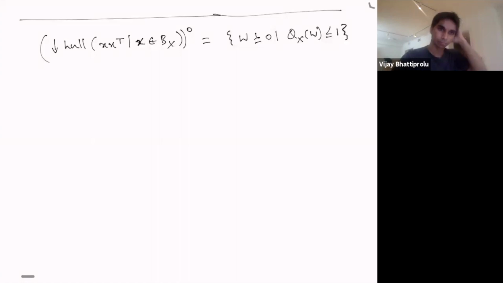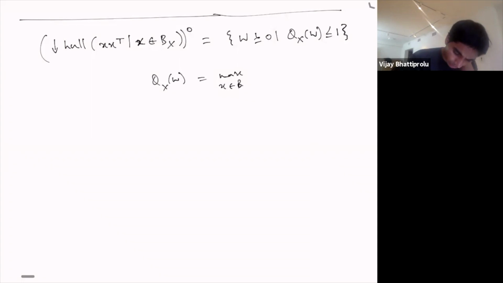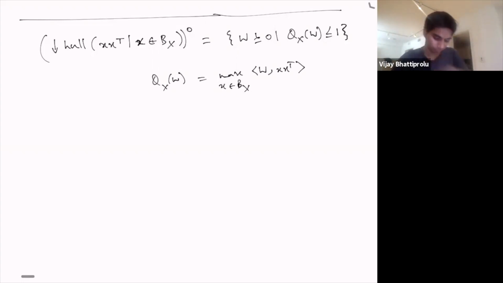This follows from definition. Recall Qx of W is equal to max over X in BX of the inner product of W and XX transpose, right?